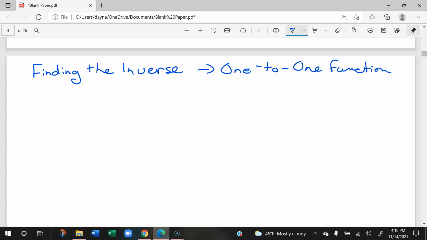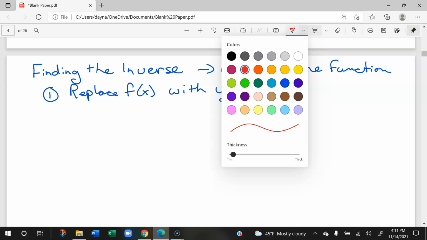And then the first step is that we are going to replace the f of x or the g of x, the function notation, with y, because that's what the function notation represents. It represents y. So we replace it so that we have an x and a y in the actual function. So let's start off.